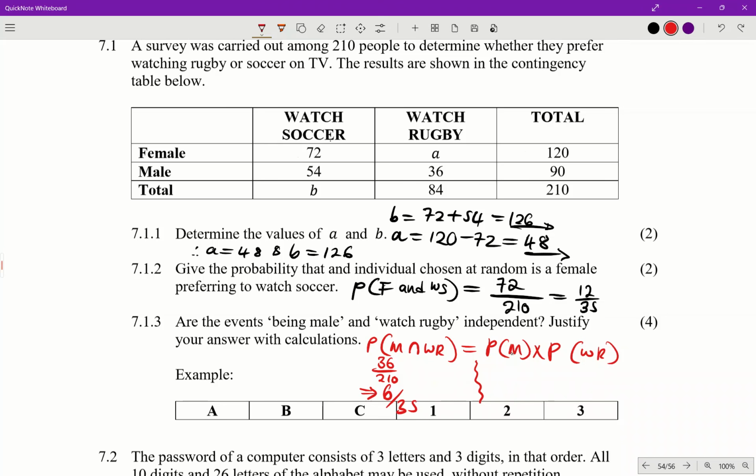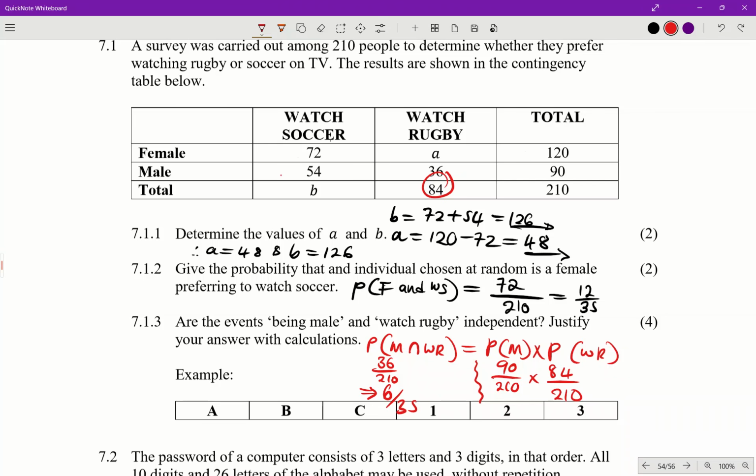So now let's talk about this one. The probability of a male, you just go there: that's 90 all over the total, 210, multiplied by the probability of watching rugby, which is 84 all over 210.